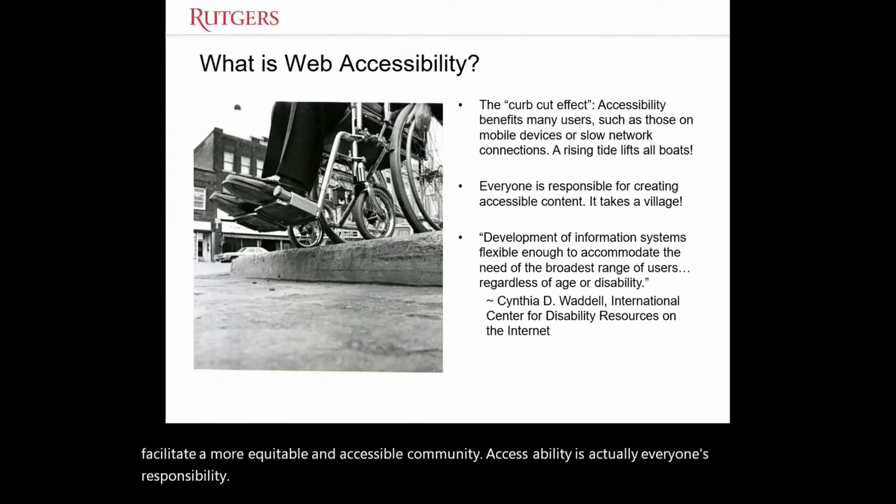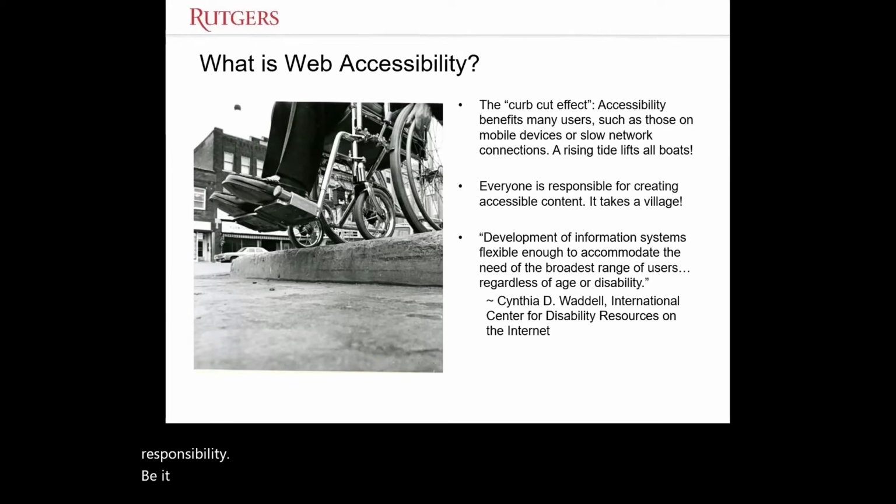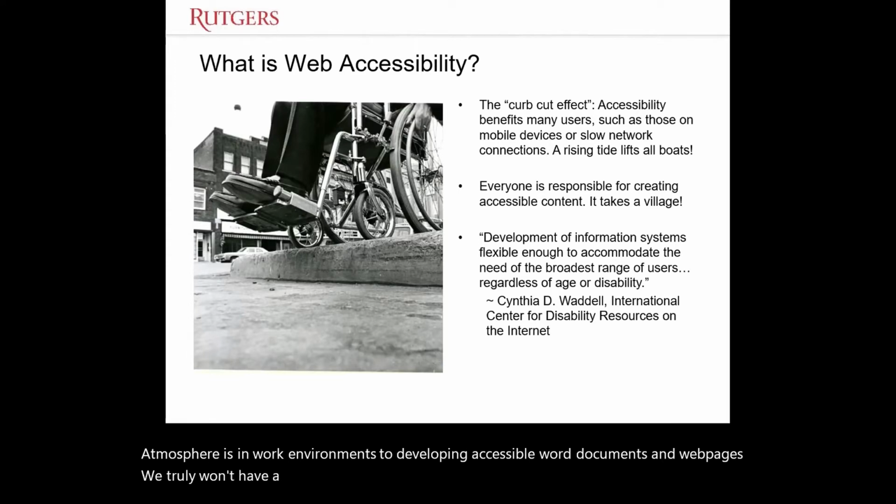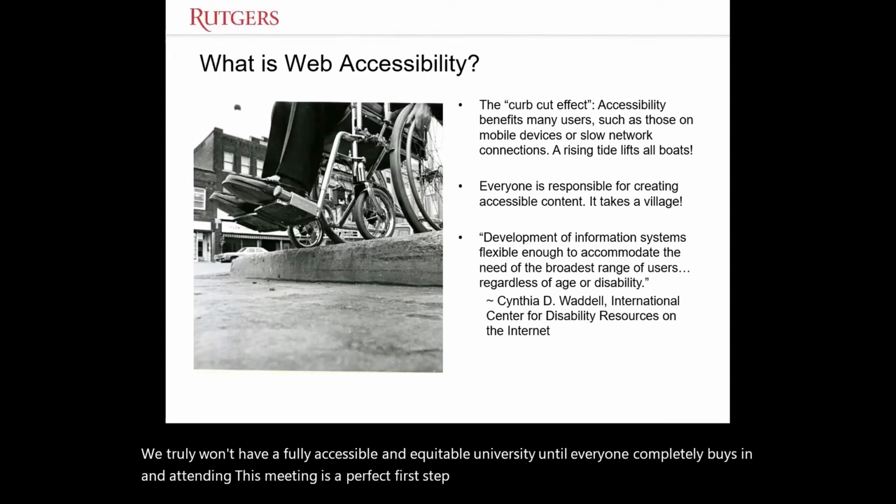Be it facilitating accessible atmospheres and work environments or developing accessible Word documents and web pages. We truly won't have a fully accessible and equitable university until everyone completely buys in. And attending this meeting is a perfect first step to changing attitudes and spreading the good word of accessibility, like I said.